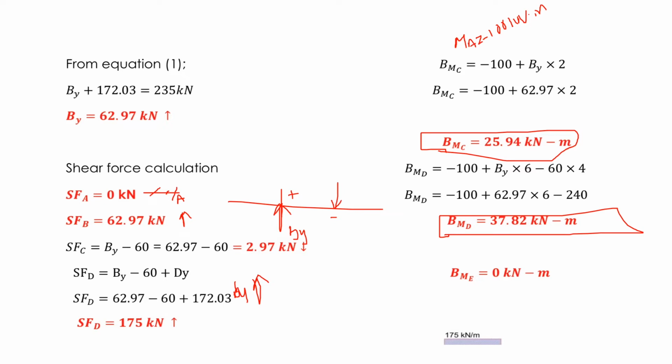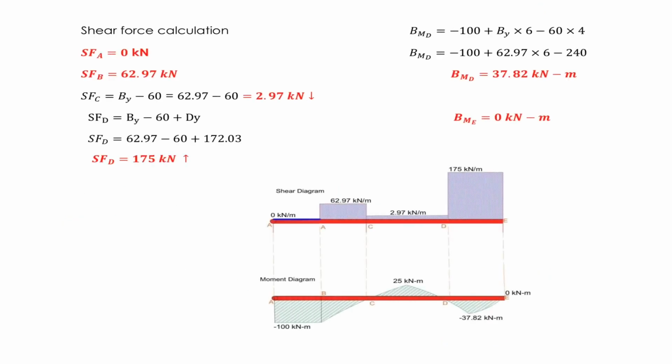So lastly, I provided here the calculation for the shear and moment diagram. Here I just substitute and draw the figure of the shear diagram, and here is the moment diagram.